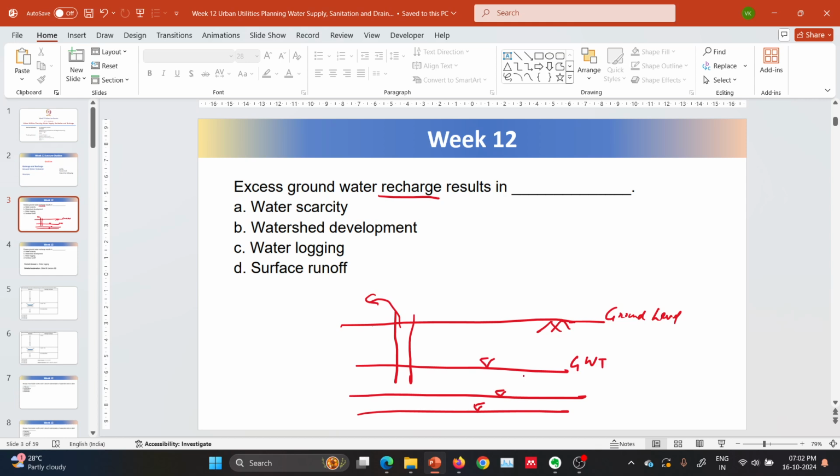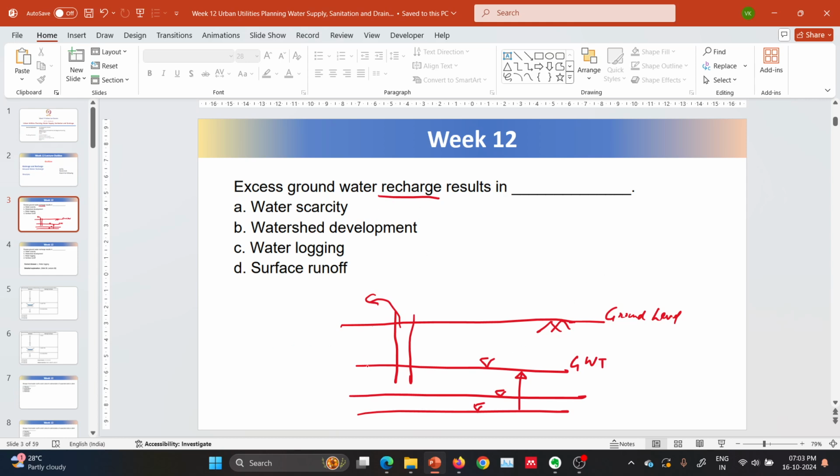To increase the groundwater level, we do rainwater harvesting, and we have so many methods. Due to that, we can recharge the groundwater table. So this is called recharge.